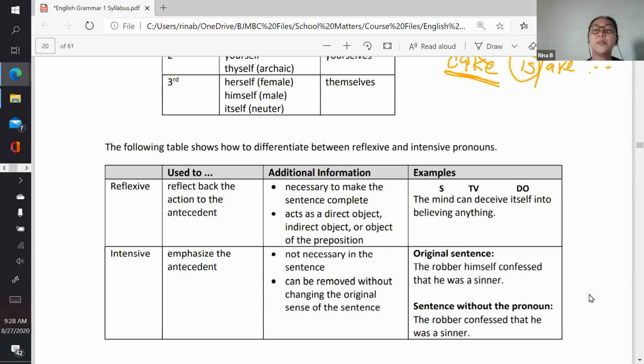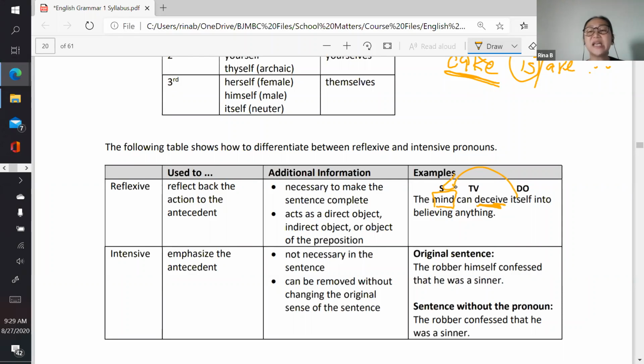So, example, the mind can deceive itself. Yeah? The antecedent is mind. And the action is deceive. And we're saying the action deceive goes back to the word mind. Yeah? So you cannot say the mind can deceive it.